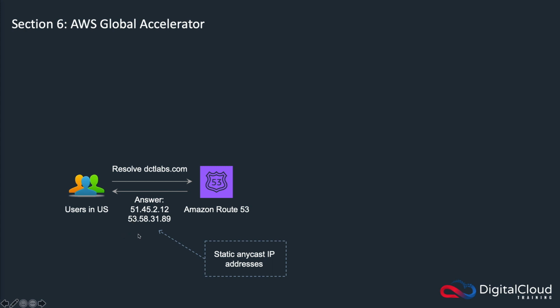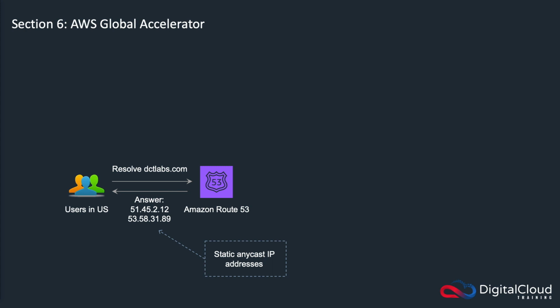Now these IP addresses are static anycast IP addresses, and that means there can be multiple hosts behind these IP addresses, but all you're ever going to see for your application is these 2 IP addresses. So let's say that you have users around the world and you have customers potentially, and they need to whitelist some IP addresses in order to be able to connect to the application that you're providing for them. These are the 2 addresses they're going to need to use, nothing else. It doesn't matter where they are in the world, so that's really useful.